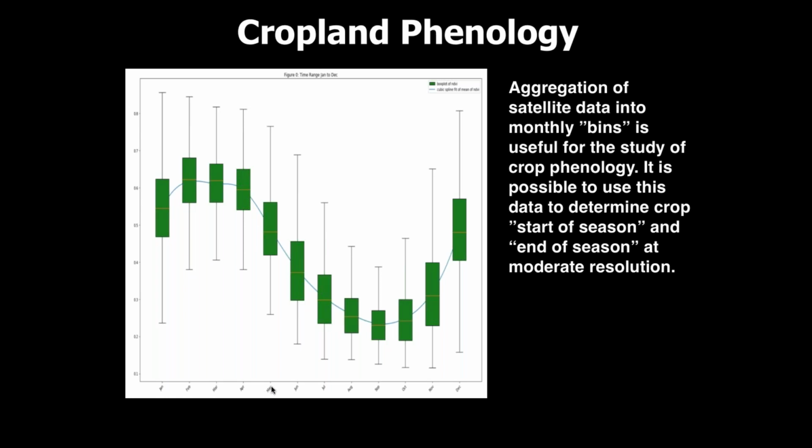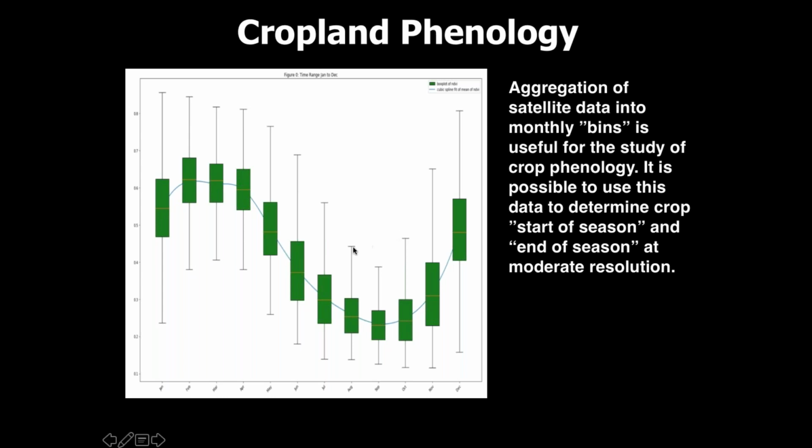If I take a vegetated area like a cropland, look at the time history and bin it up by month, what you will start to see is the cycle of growth of that cropland.